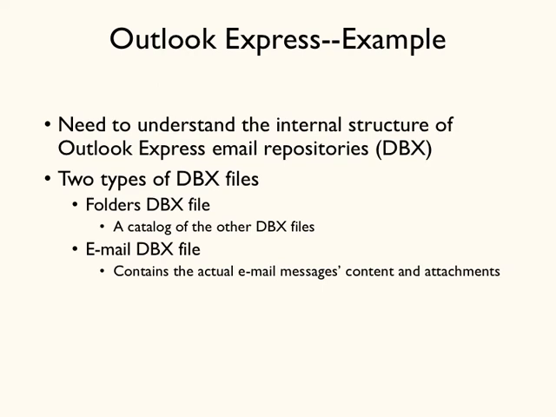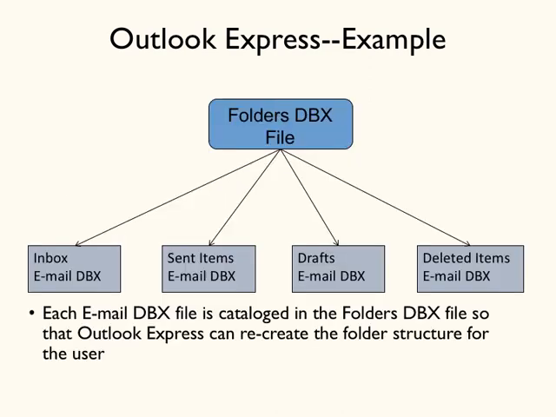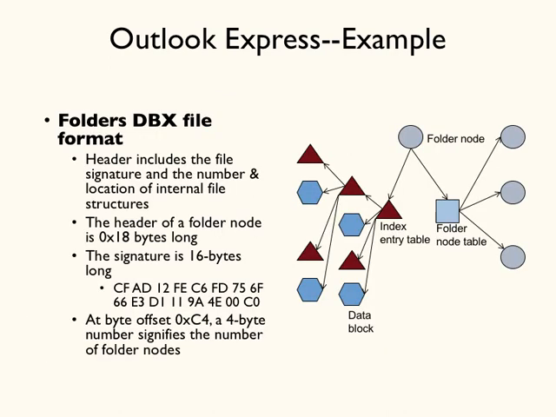We need to understand the structure of those files. Today we're just using PST, not DBX. But all those structures are very similar to what we did in hard disk forensics. We will always give you a table to say what each field means, and you need to rebuild the hierarchical structure from those tables. So we'll skip this.